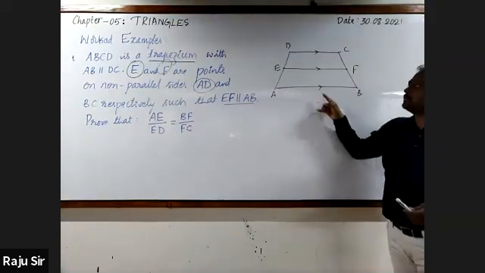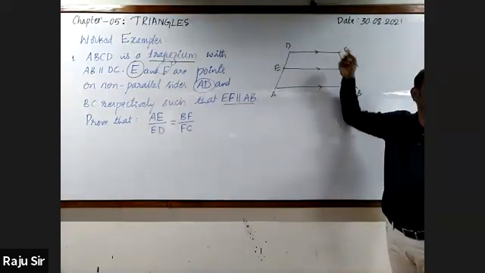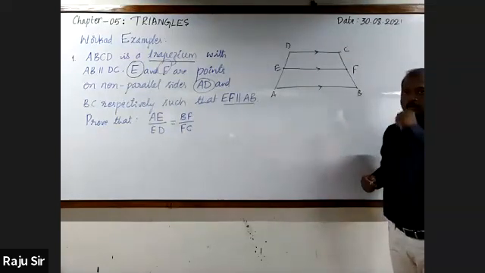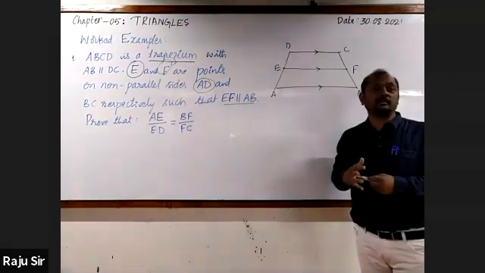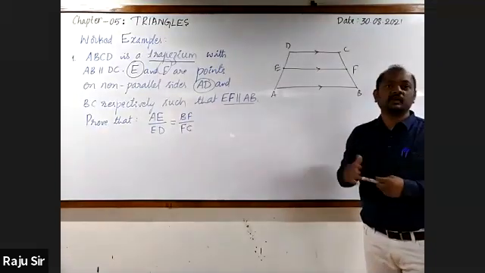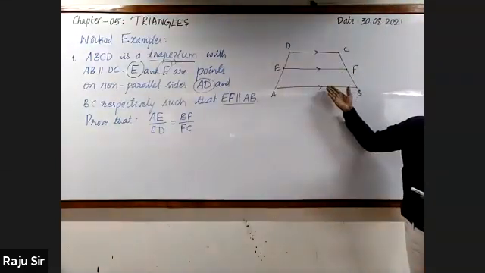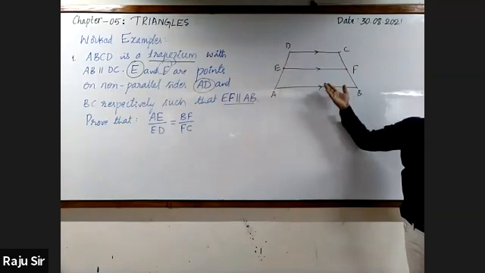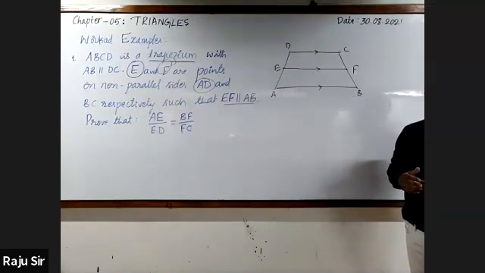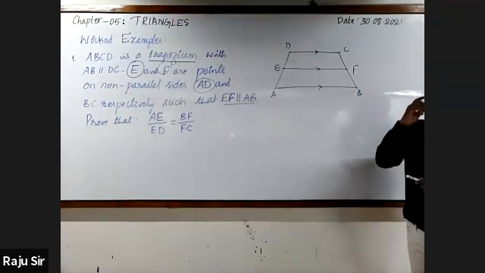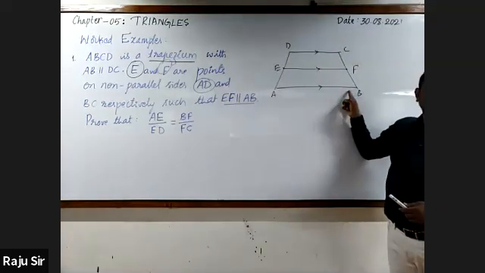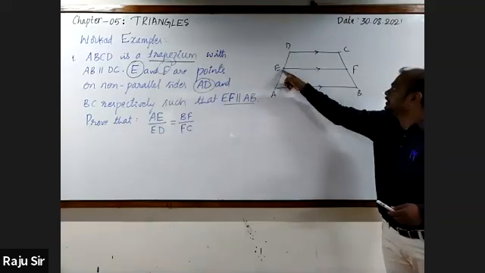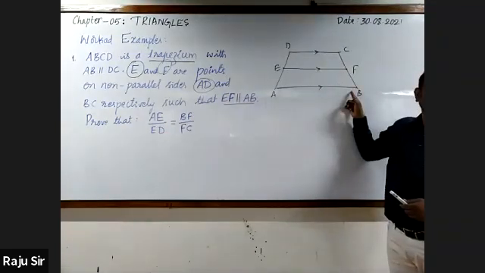If it is so, can we say that EF is also parallel to DC? Reason? Euclid's axiom: lines which are parallel to the same line are parallel to one another. Following? DC is parallel to AB, and EF is also parallel to AB.